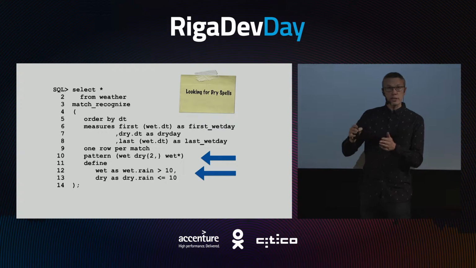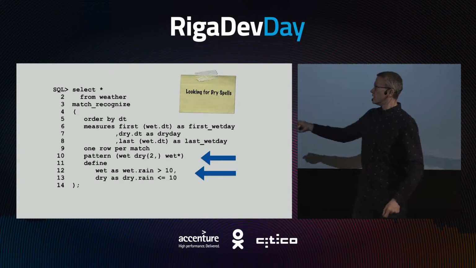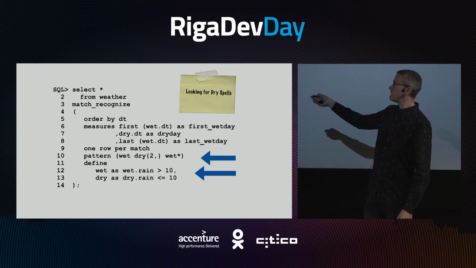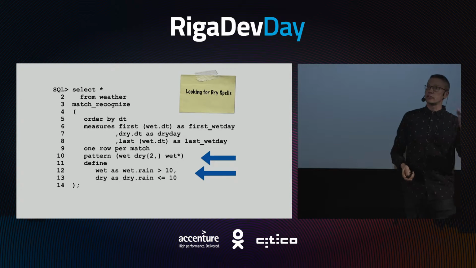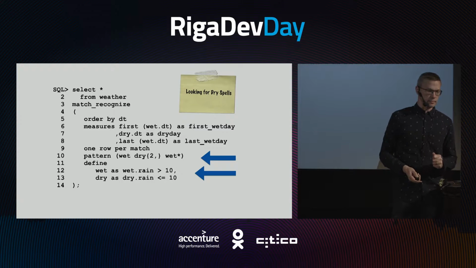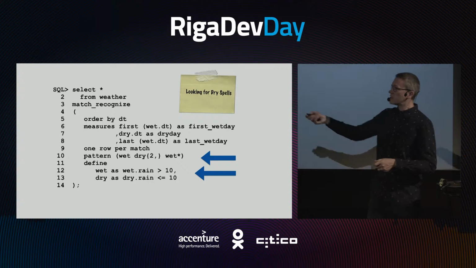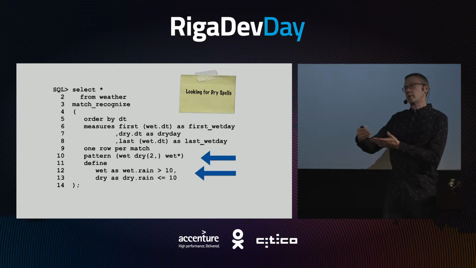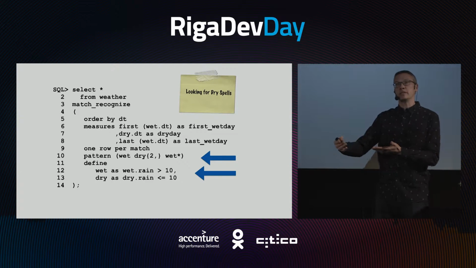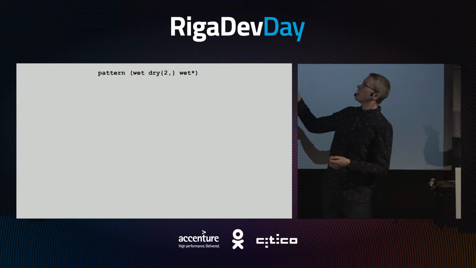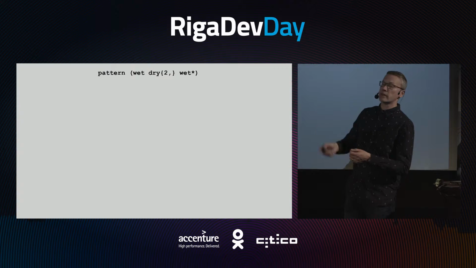If you want to look for a dry spell, a dry period, we want to start with a wet day, 2 or more dry days, followed by 1 or more wet days as well. As you can see, it's like regular expression syntax. If you haven't picked up on regular expressions, this might be a good time to start with that. So that's our pattern: a wet, 2 or more dry, and another wet.